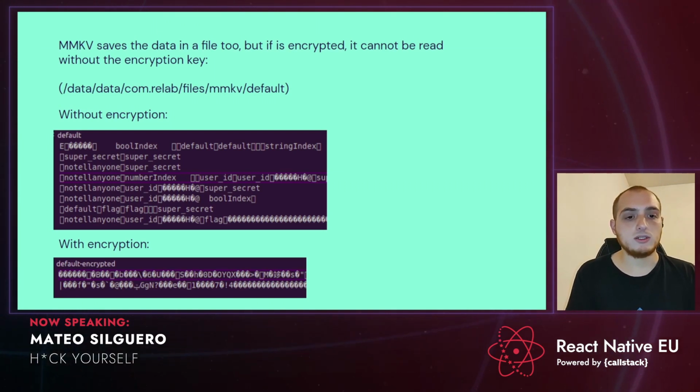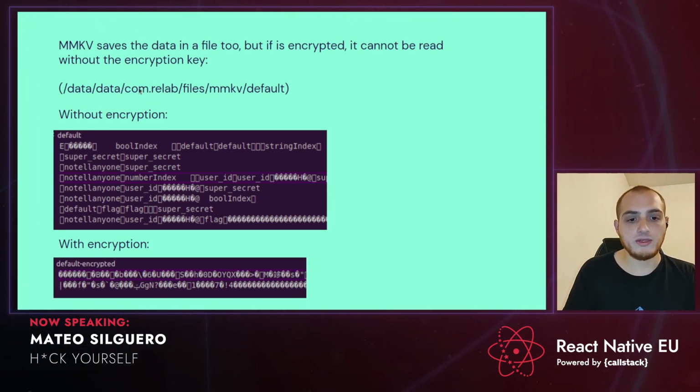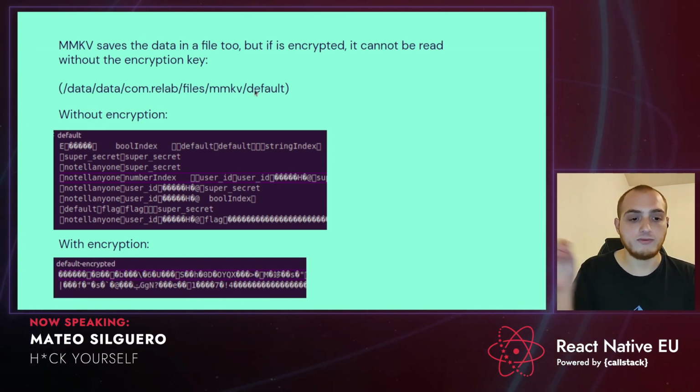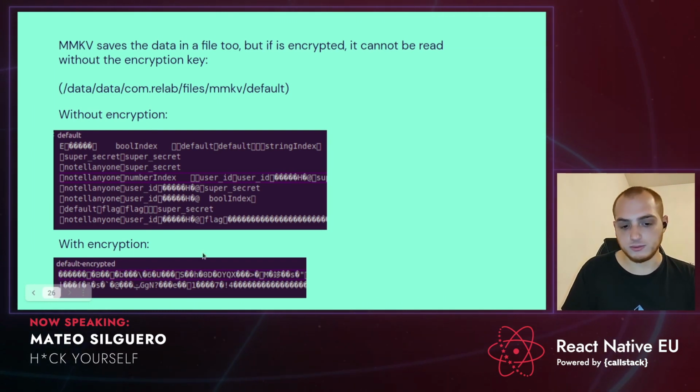MMKV saves the data into a file too, but if it's encrypted, it cannot be read without the encryption key. This is the path to the default MMKV file, and this is how it looks without encryption, and this is how it looks with encryption.